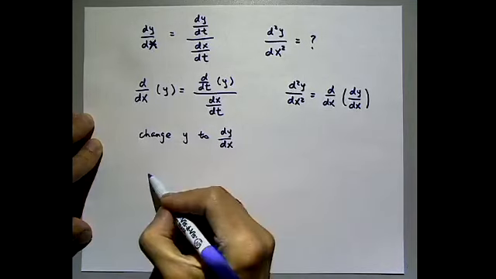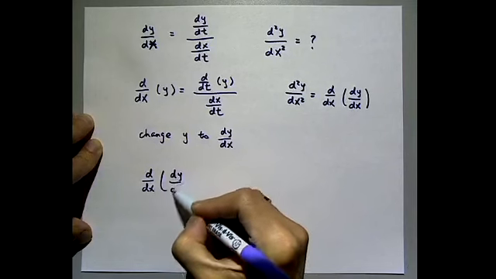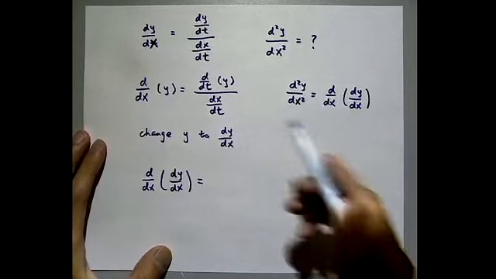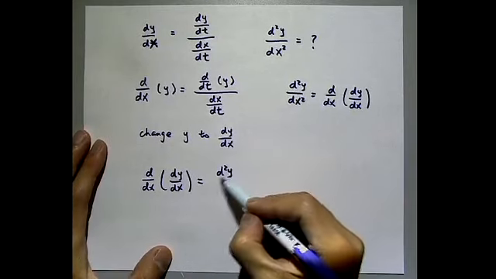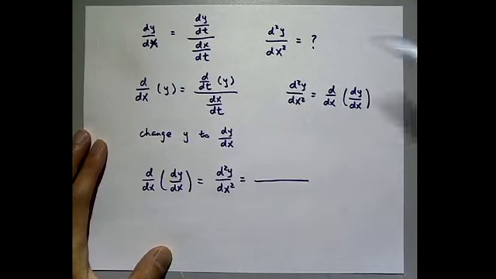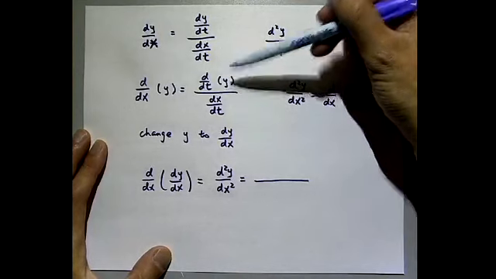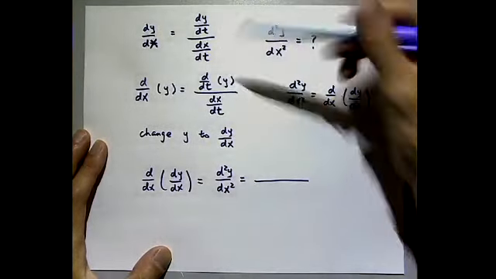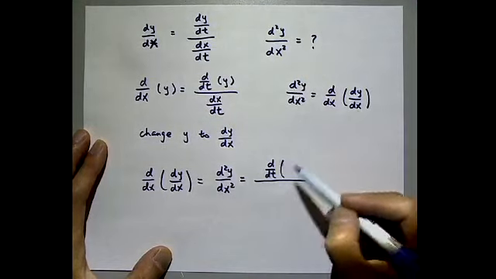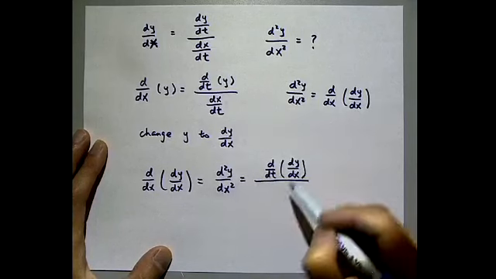So therefore, we get d/dx of dy/dx, which is the second derivative. And according to the formula here, on the right-hand side, there's only one y, and we change that to dy/dx. And that's d/dt of dy/dx over dx/dt.